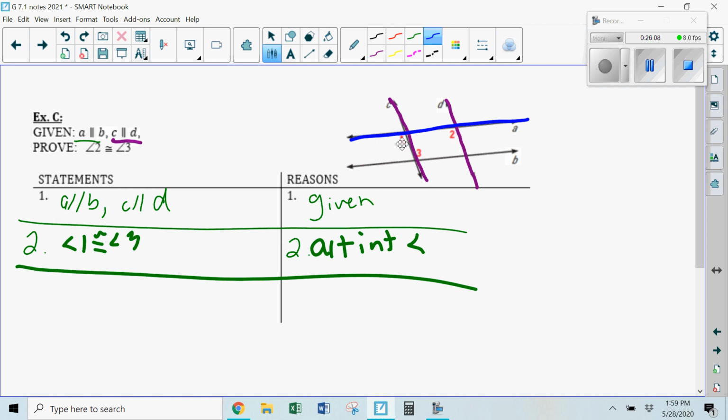What do we know about 1 and 2? What are they called? They are called corresponding. Look where they're at. One's in the bottom left, two's in the bottom left. So, corresponding. 1 congruent to 2.